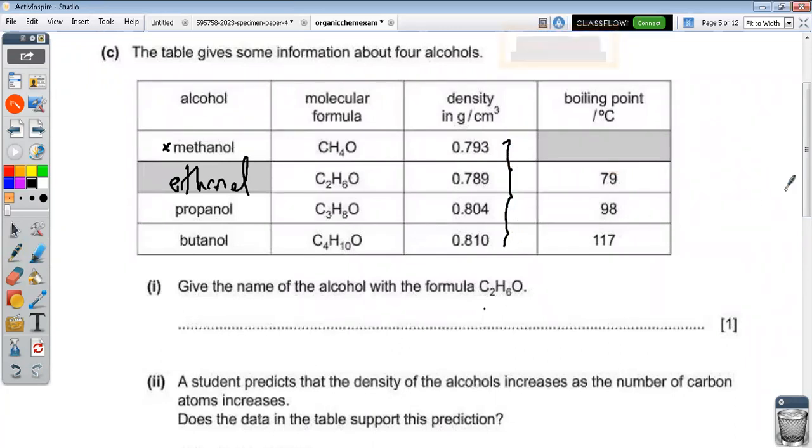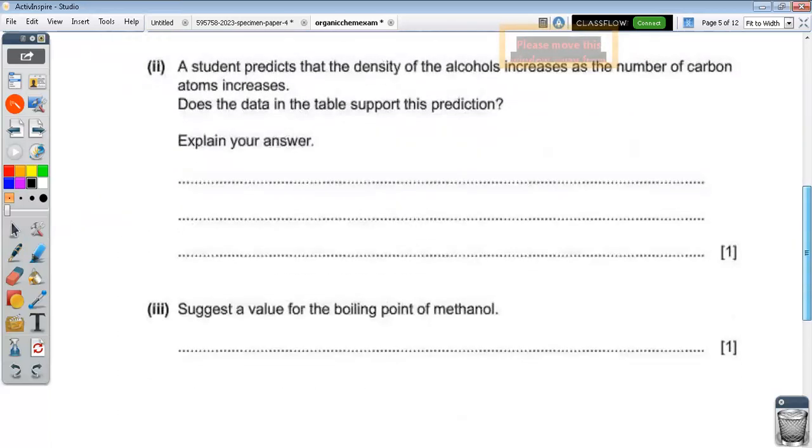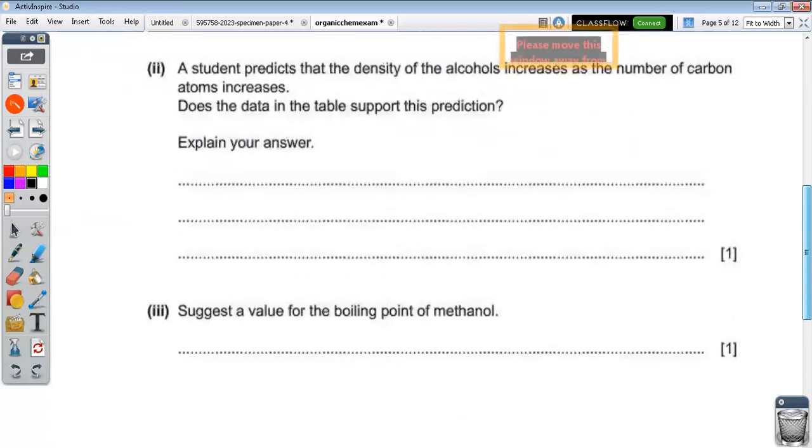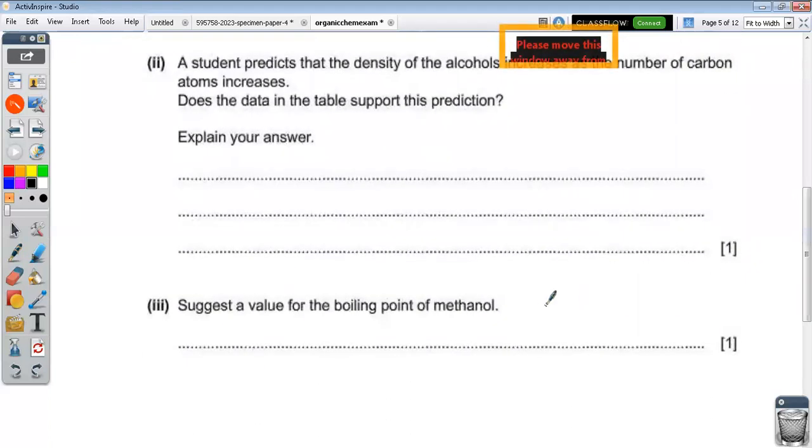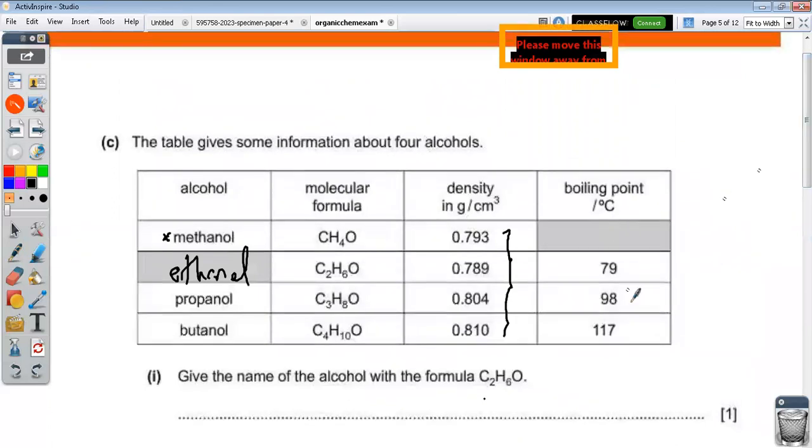So as we go down the group, the density is what? Increasing. Suggest a value for the boiling point. They love these suggestions. So what will be the correct suggestion here? Just check the trend there, what's happening. So suggest a good value for that boiling point.